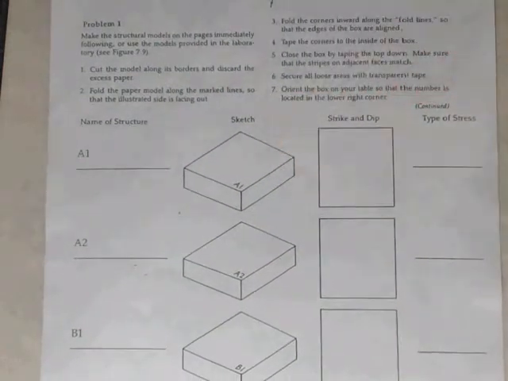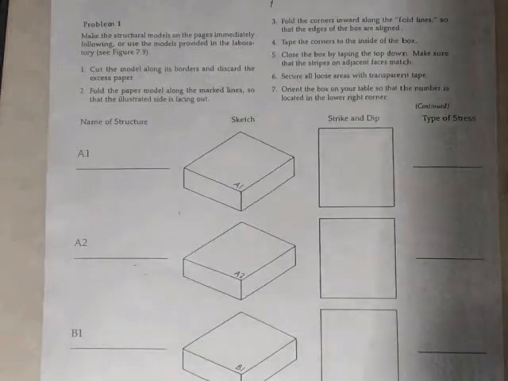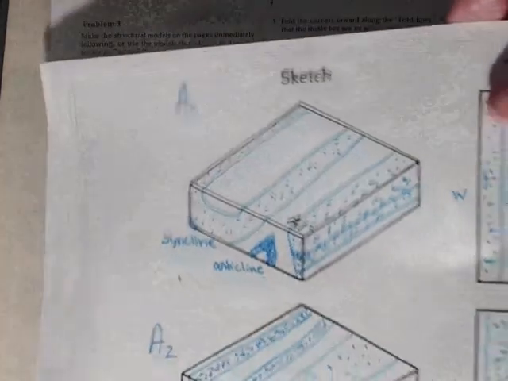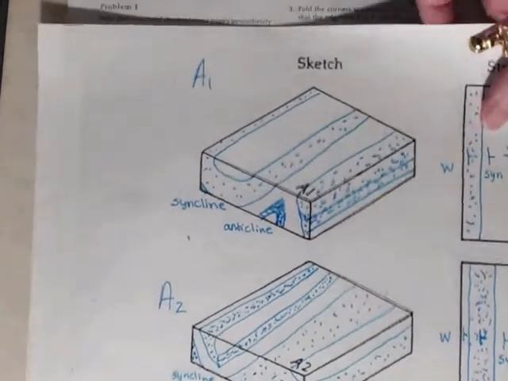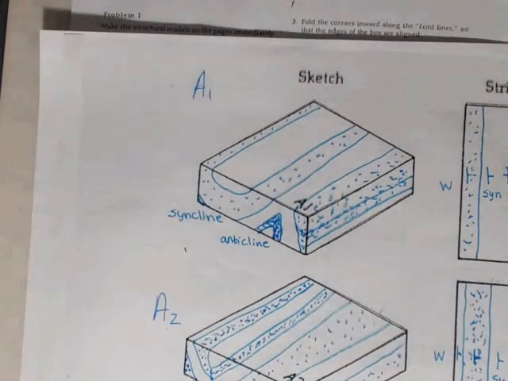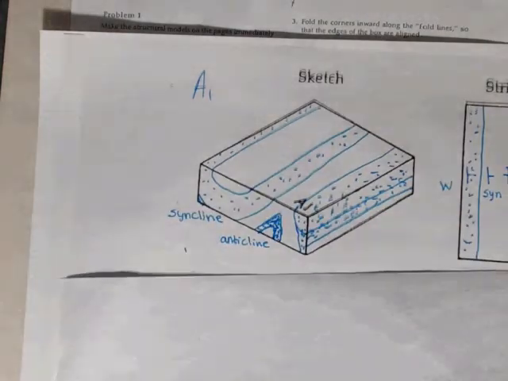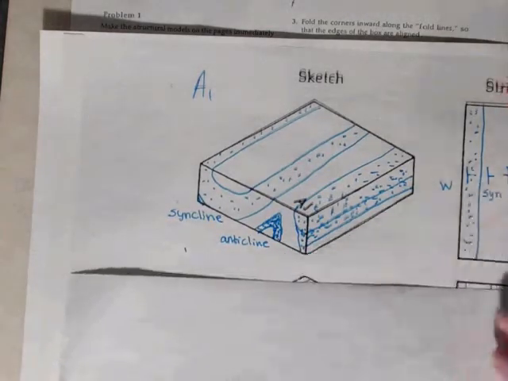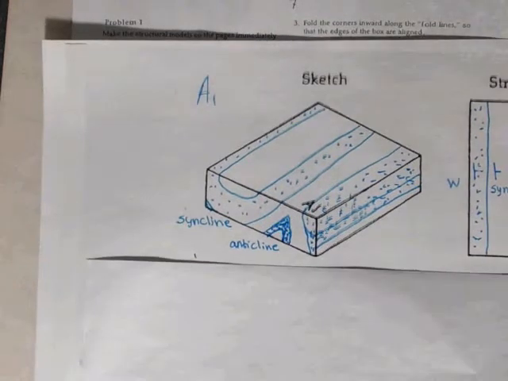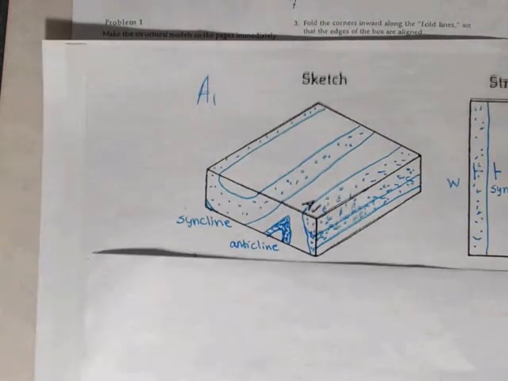So that's what we're working on with this first one here. That is what I have come up with for the first one. We're just looking at A1 right now, the sketching view for this.